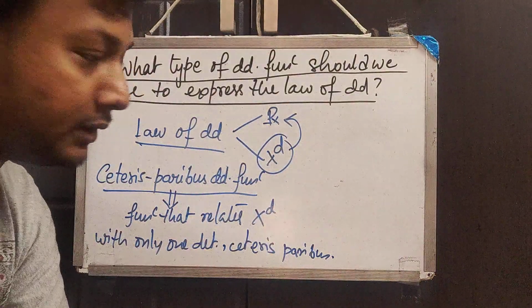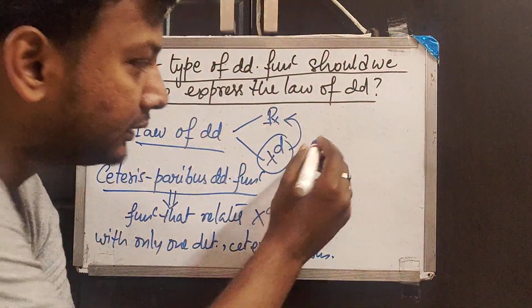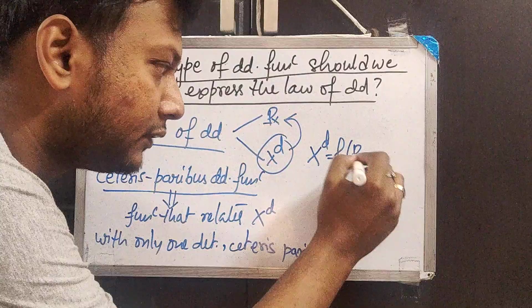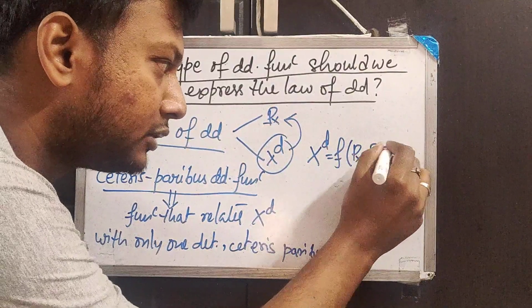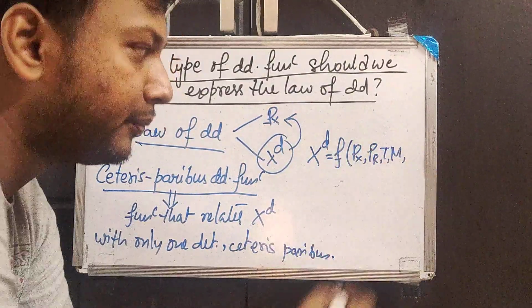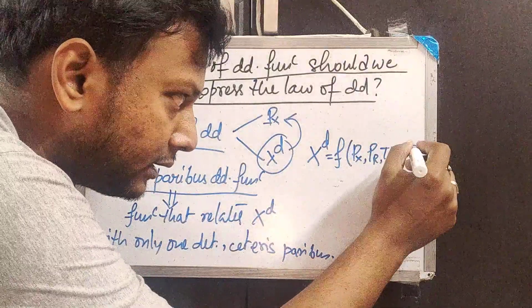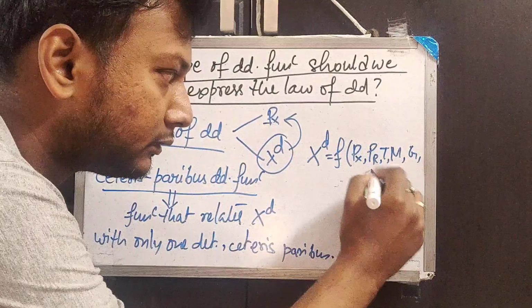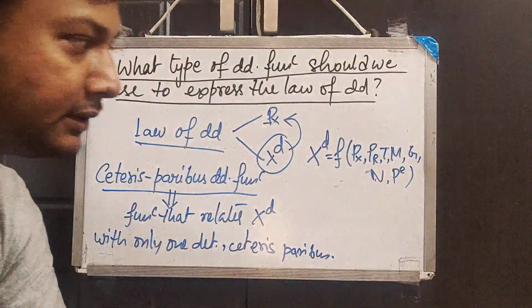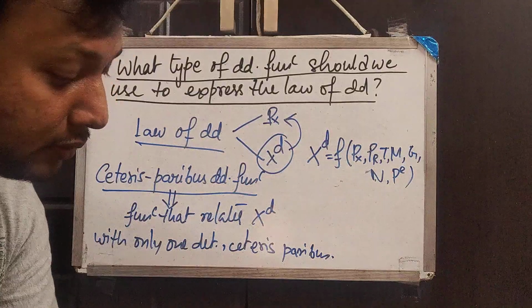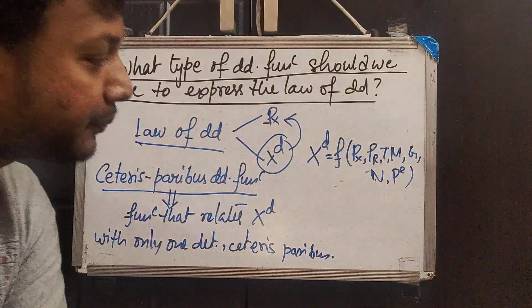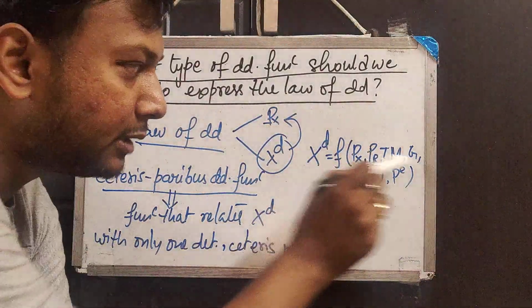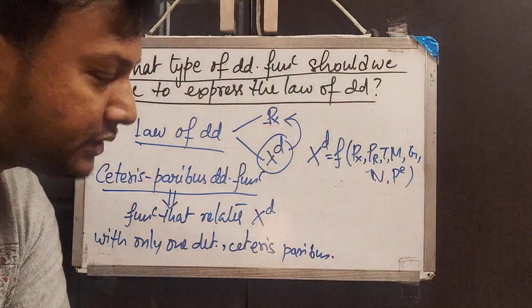Now if you remember, the demand function is equal to f of what? Price of the commodity, price of related goods, tastes and preferences, income, then government policy, population, price expectations, many things. But while we are trying to establish a relationship between demand and price, we have to keep all the other variables constant.